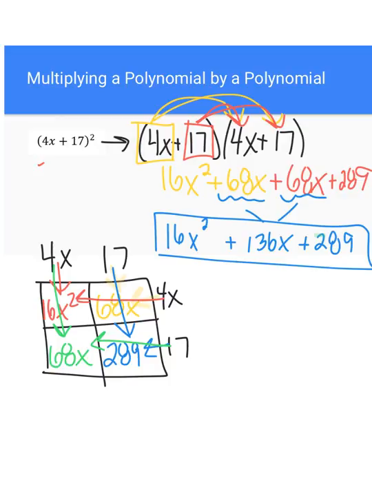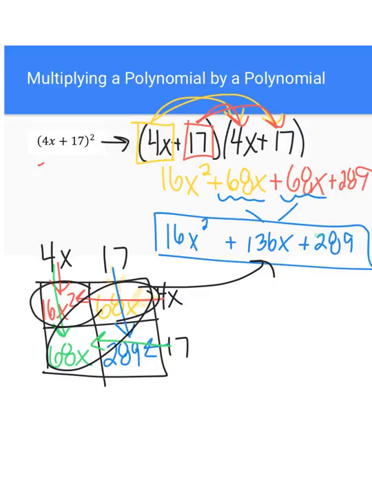As the numbers or terms get bigger, I know some students like to use the box to organize, and then you can take a look at, where are my like terms that I needed to add together. So just like in the double distribute method, when we had the 68x added with 68x, that's this diagonal here, you can see that that would produce our 136x.